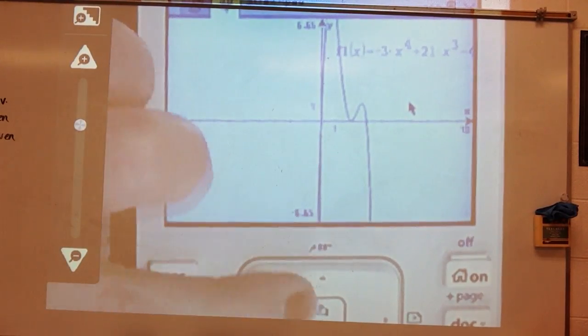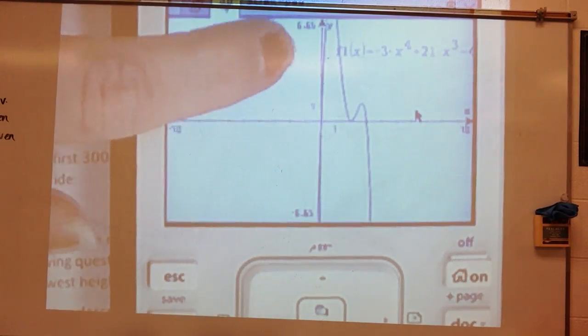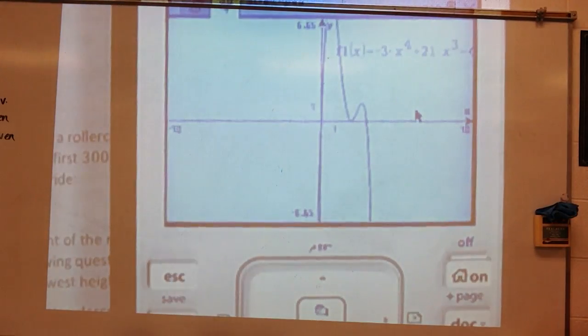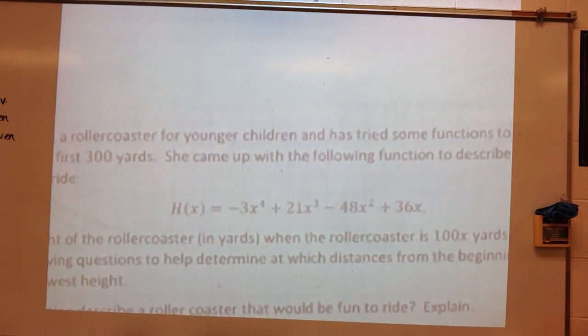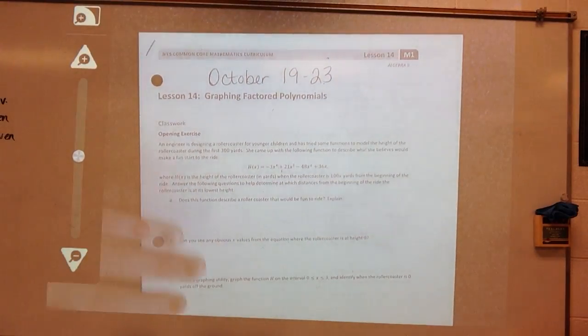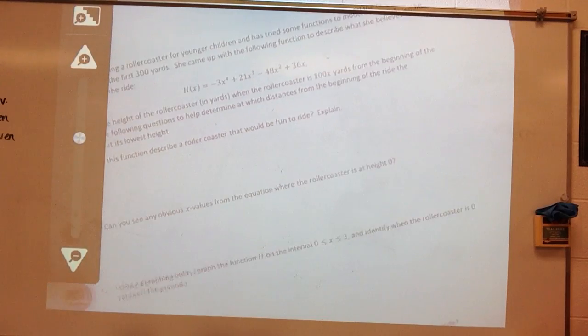And you'll see that it starts up and drops and then up and drops. So now, this is a personal question. Does this look fun? You need to answer this. It's a yes or no question, and it's based on your thoughts and opinions.